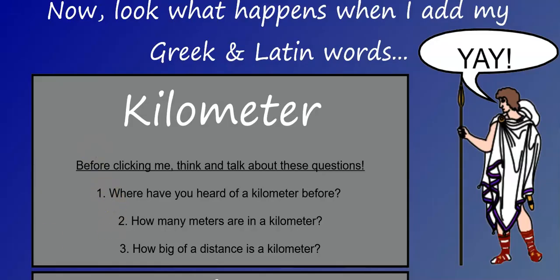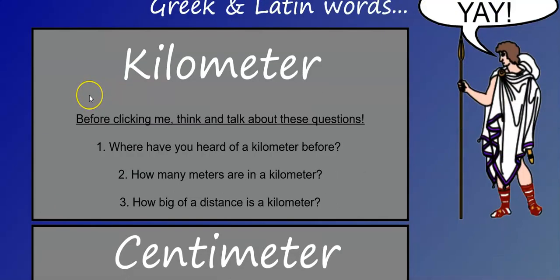So now we're going to look at what happens when I add my Greek and Latin words. Okay, so kilo, that's the first one we're going to look at. So kilometer. All right, think about these questions. Where have you heard of kilometer? Or maybe somebody says kilometer.